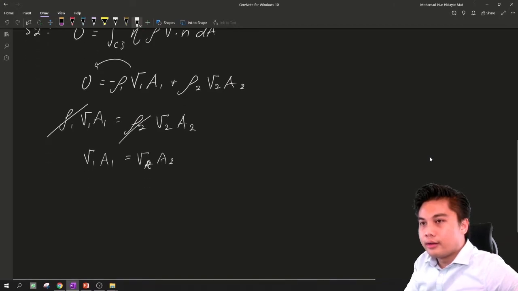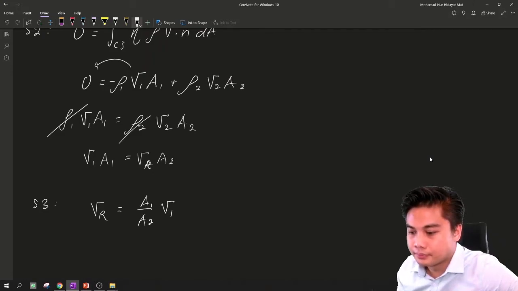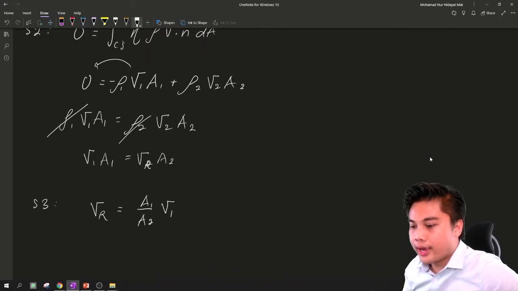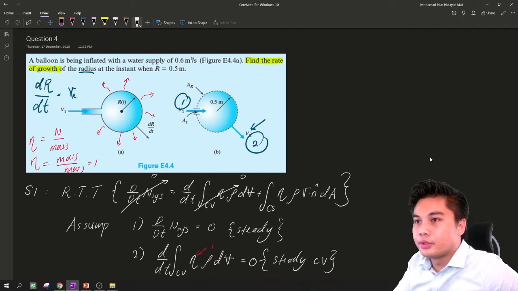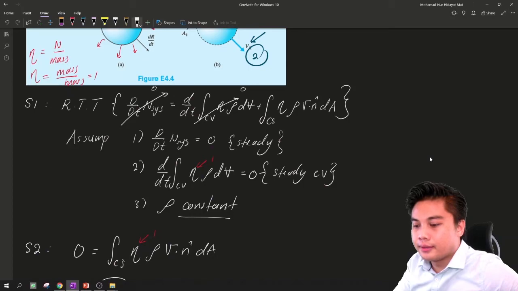Okay, so step number 3, rearrange the equation, leave Vr to be the subject. So Vr equals a1 over a2 multiplied with v1. Okay. So area 1 times velocity, the supply.